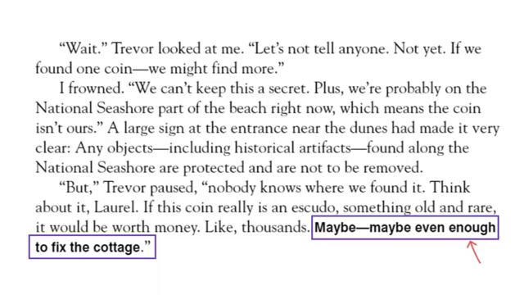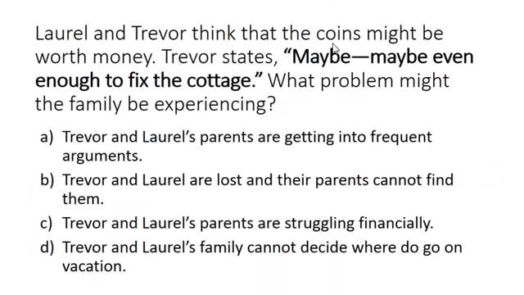These words are very important and they allow us to make an inference as a reader. Laurel and Trevor think that the coins might be worth money. Trevor states, maybe even enough to fix the cottage. What problem might the family be experiencing?